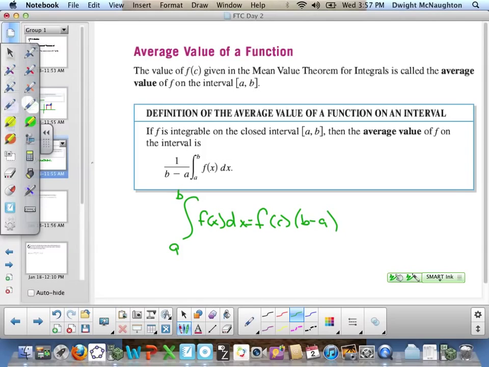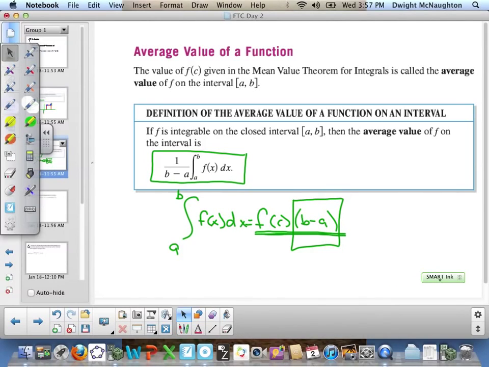The rectangle gives us the total area underneath. If we divide by the width, we're going to find the average height. So divide both sides by b minus a, and we can get the average of the function. So we can now find the average of something that does not go at a constant rate. It varies. So let's look at a couple examples.